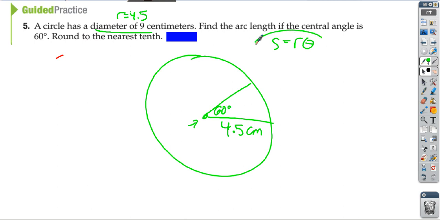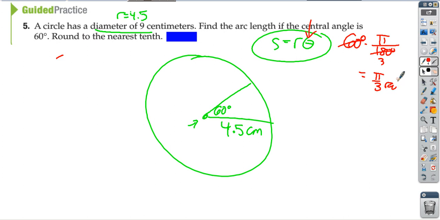Okay, so here's our formula, and I'll show it to you both ways: the more intuitive way and then the way using the formula. By the way, the formula only works if the angle is in radians, so we'd have to change 60 degrees into radians, which we could do like this, and those cancel, and that turns out to be pi over 3 radians. Okay, so using the formula, the radius is 4.5 centimeters, and theta, the angle in radians, is pi over 3.